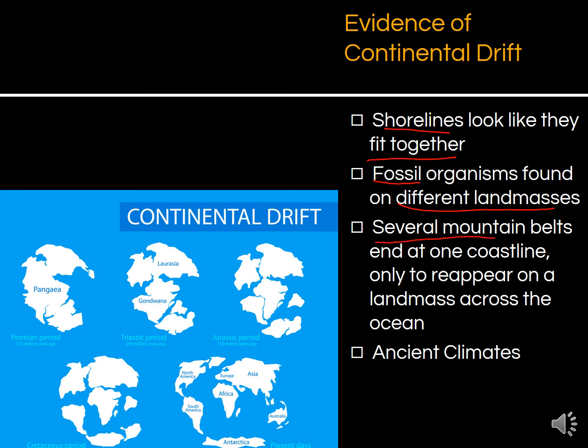We had several mountains that end at one coastline and reappear at the other. So it looks like it was just pulled apart because the height and the mass are all the same, as well as the climates add up together. So here are four things: the shorelines, the fossils, the mountain belts, and the climates.